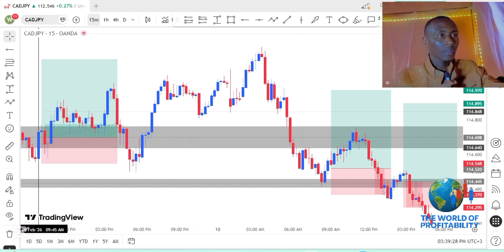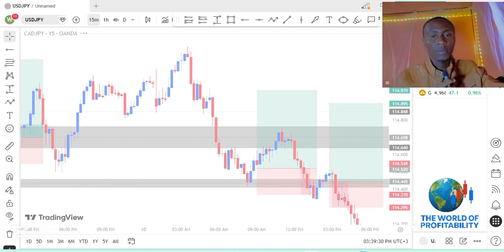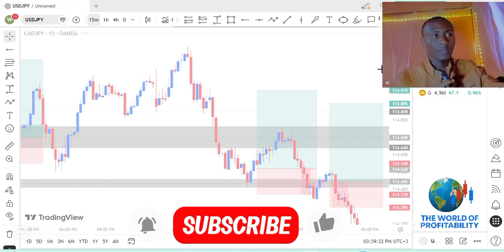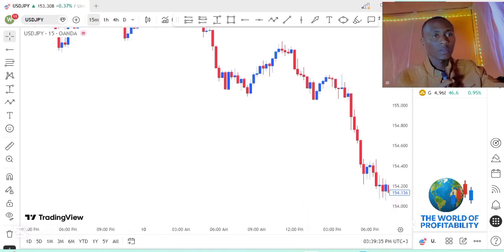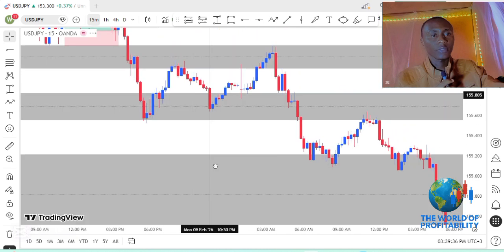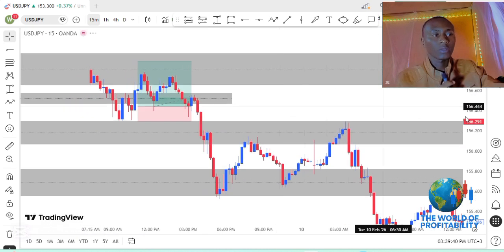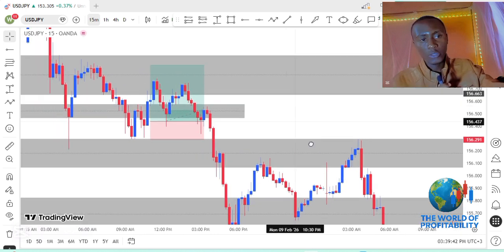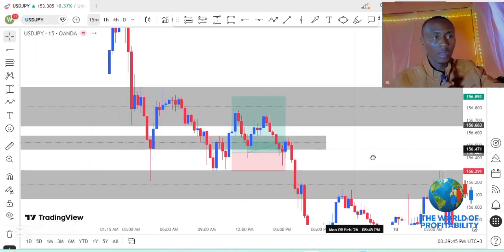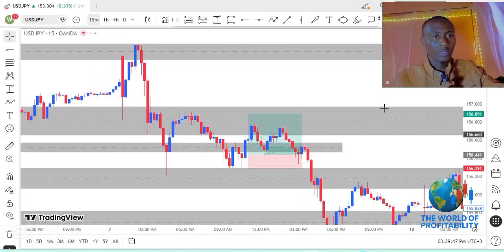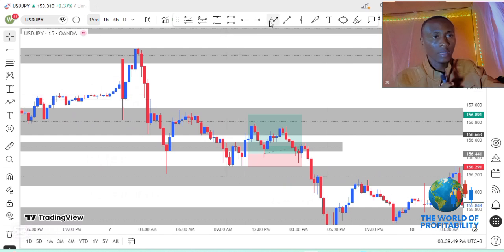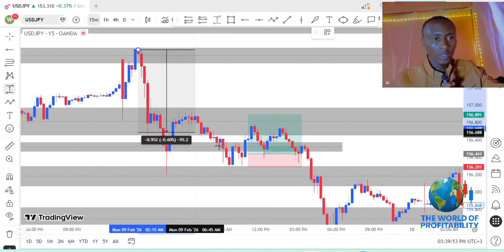On the same day, I had another setup on USD JPY, which was a buy setup as well. The previous day closed very bullish, and when I was starting to trade, the market was doing a pullback, as you can see here.